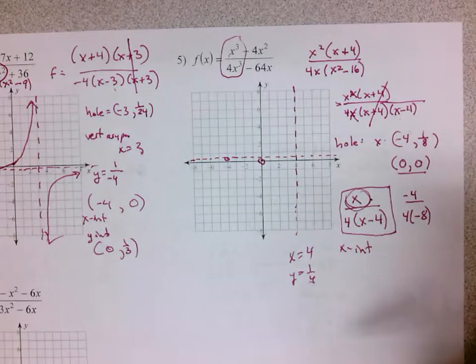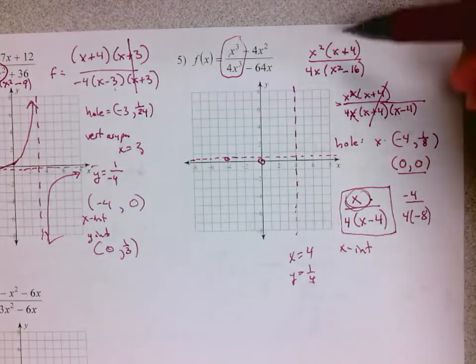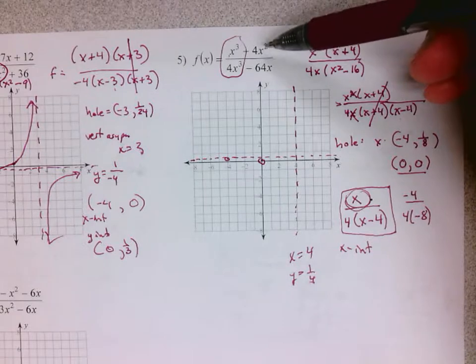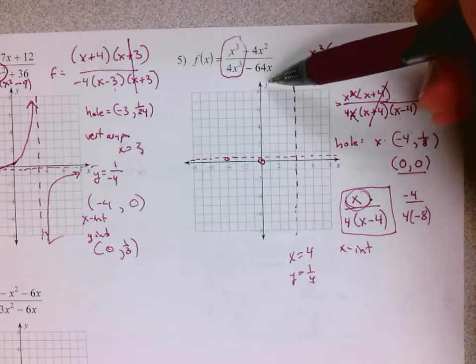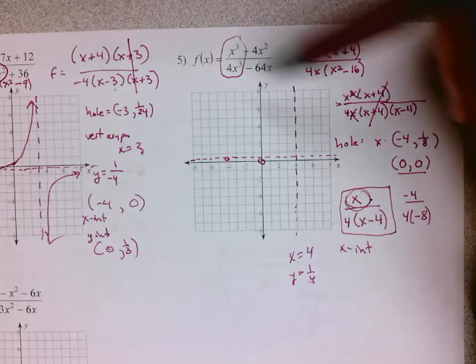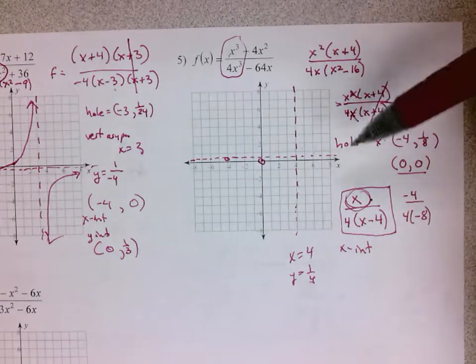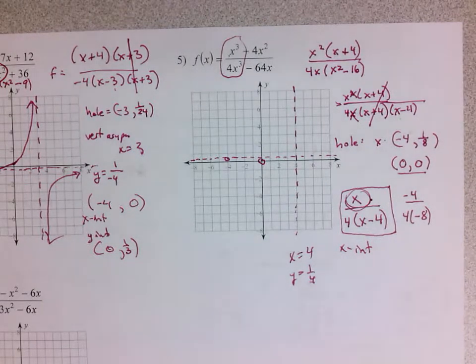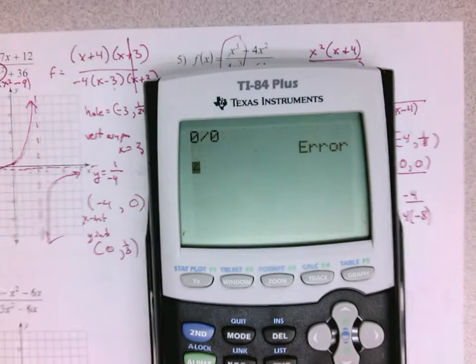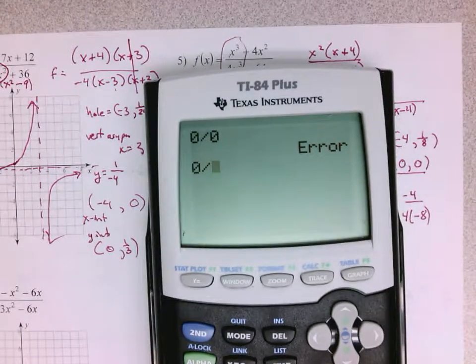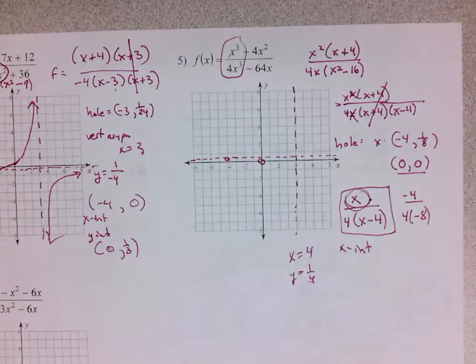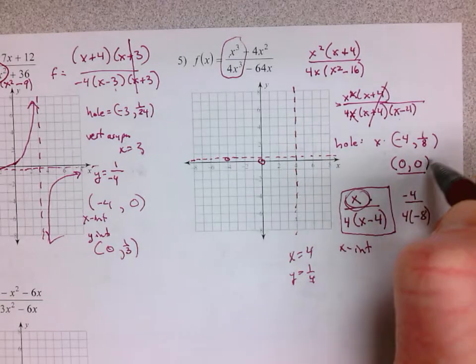But if I go up to this original function and check it before I factor everything out, when I go here, 0 minus 0 over 0 minus 0. And you might think that 0 divided by 0 is 0, but when you do 0 divided by 0 on your calculator, you get error. Okay, so turns out this hole is not even part of my graph.